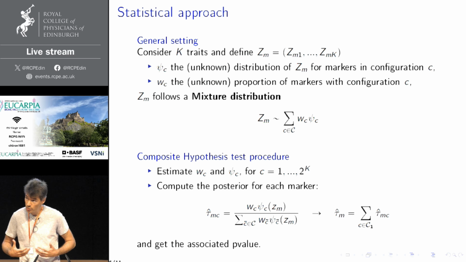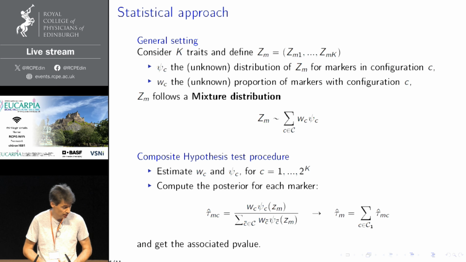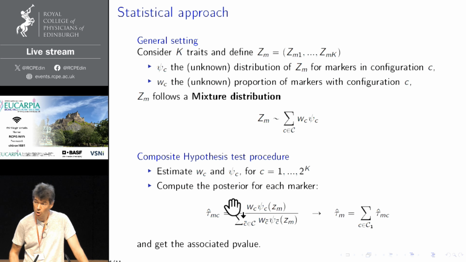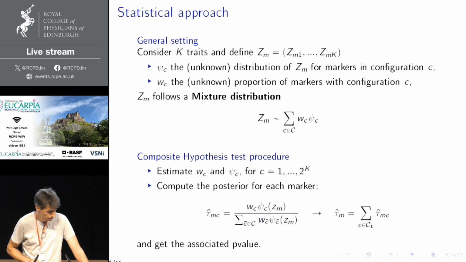Okay, so if we want to perform some kind of composite hypothesis testing, what we have to do is first estimate all the unknown quantities, so the proportions and the conditional distributions. Then once we have this, we can compute the posterior probabilities for a given marker to belong to a given configuration C. We have here the formula that allows us to do that.